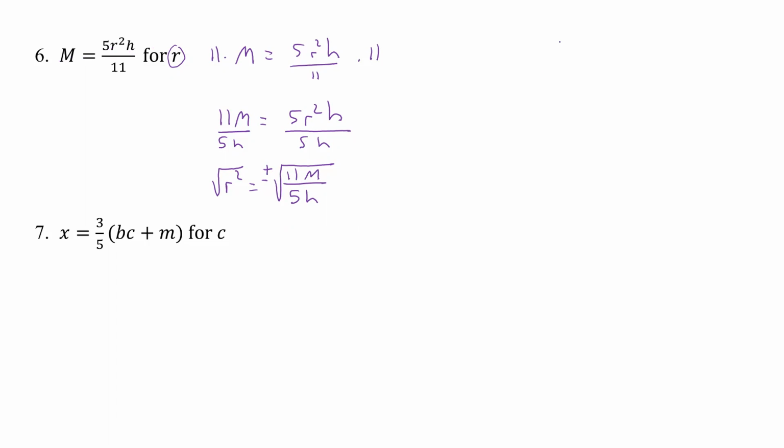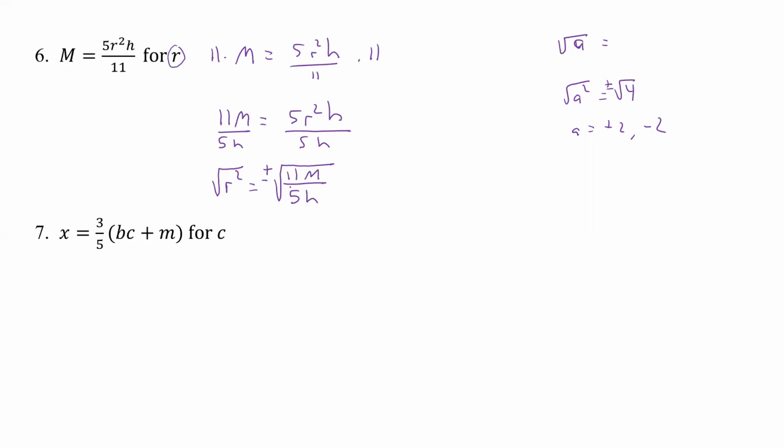Because let's say a squared equals 4, and when we take the square root of that, we need plus or minus, and so a is equal to either plus 2 or minus 2, because if we plug in plus 2 and square it, we get 4. If we plug in minus 2 and square it, we get 4 as well.